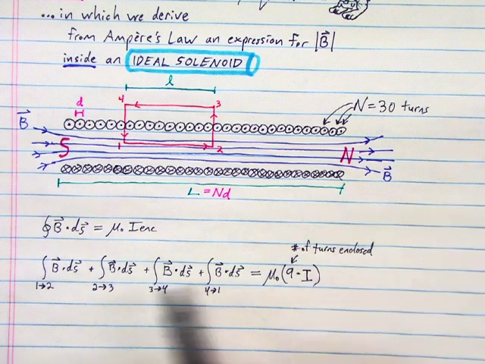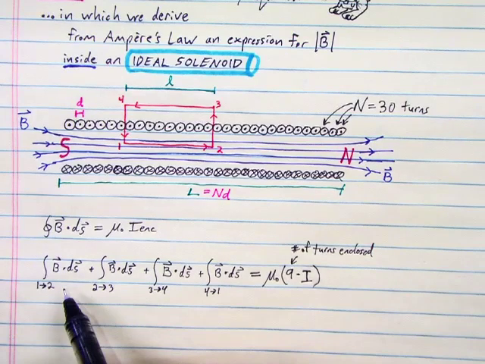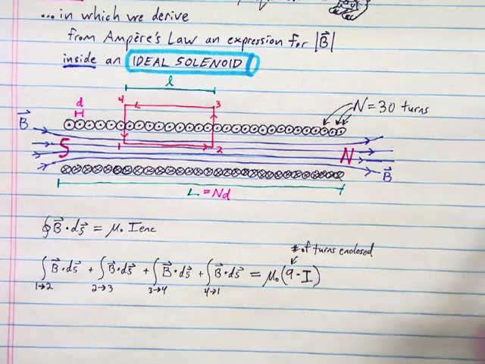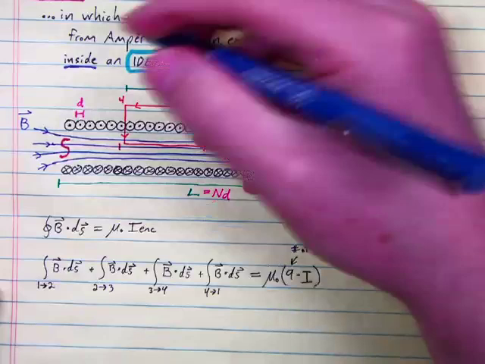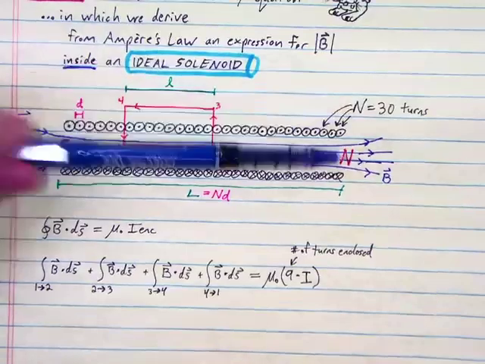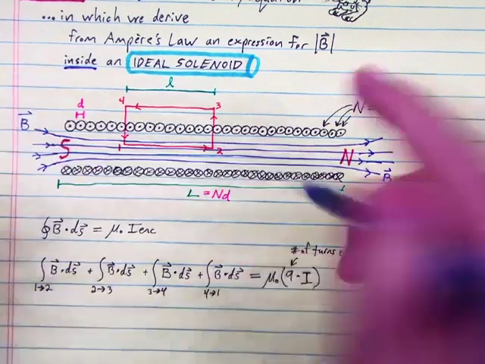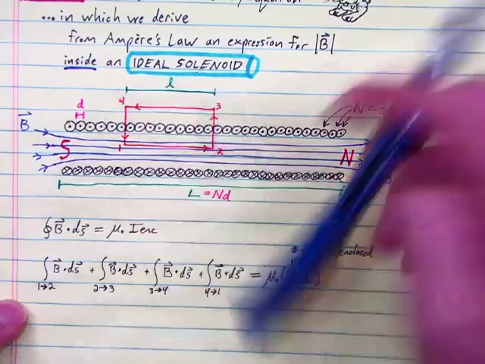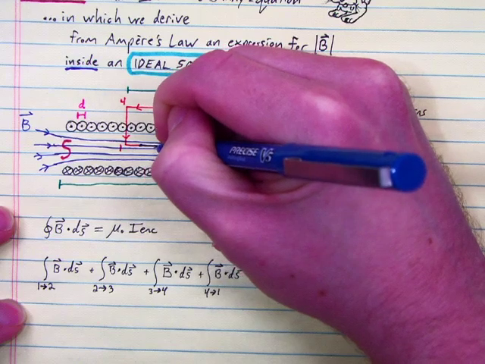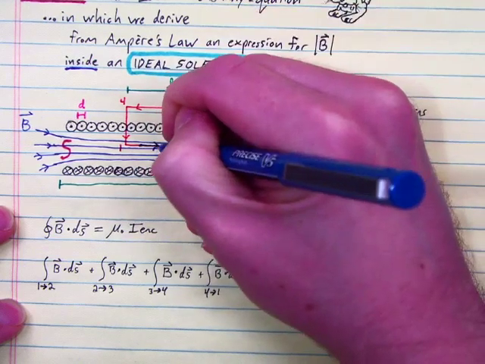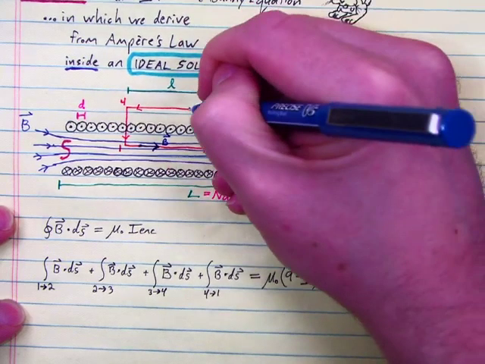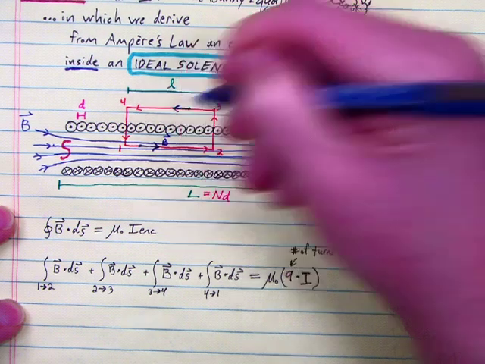Okay, let's look again at these 4 open line integrals. As argued earlier, the B field in the ideal solenoid is only running horizontally. It has no vertical components in this direction. So both inside and outside, B is directed like this.